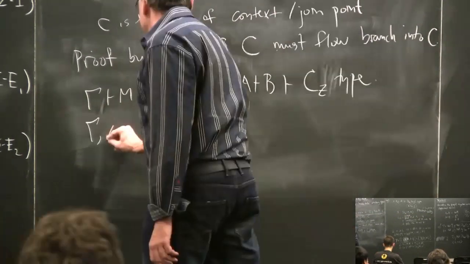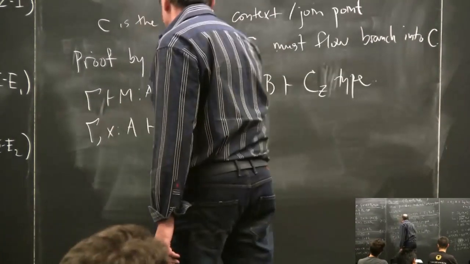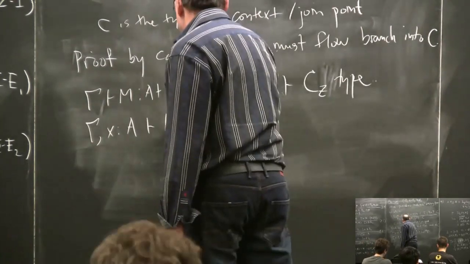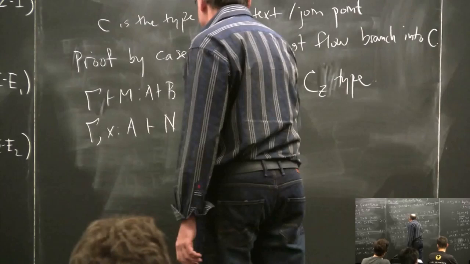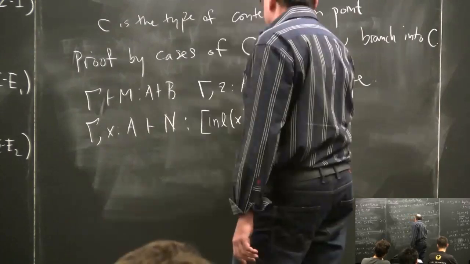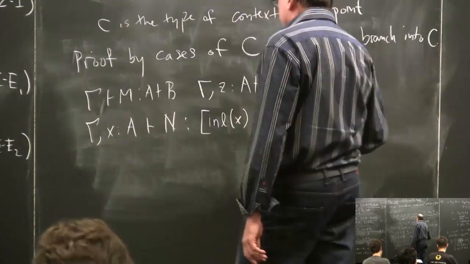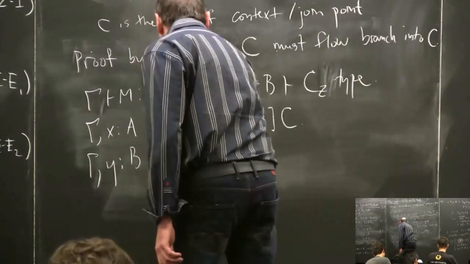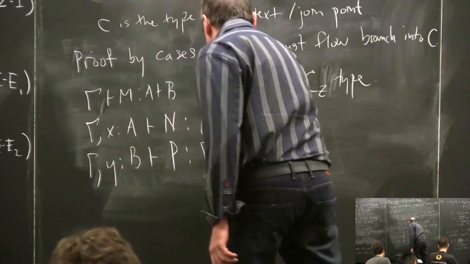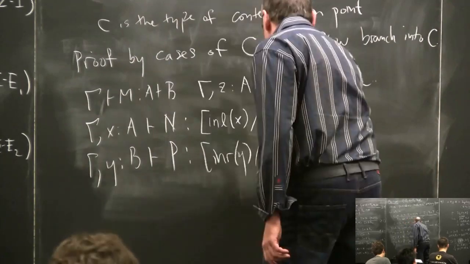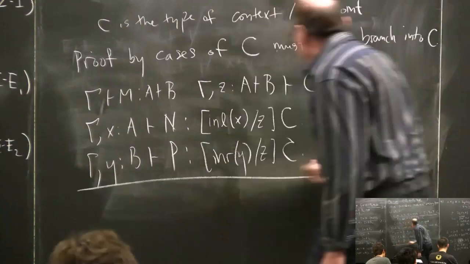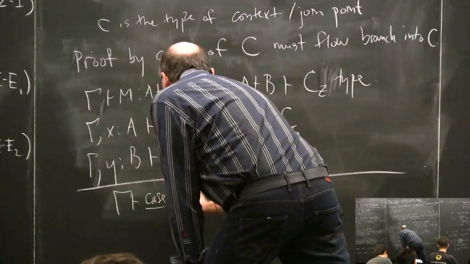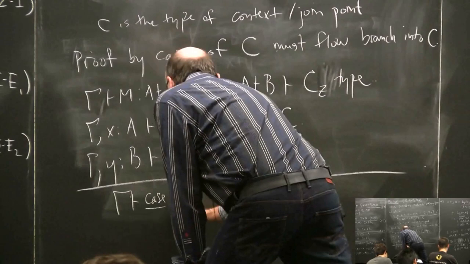And now here's the interesting thing. I case analyze, and I say I have to have n, let's call it, which is in left of x for Z in C, and y in B, and that's P. So I have in right of y for Z in C. And now altogether case, and then I like this notational convention.